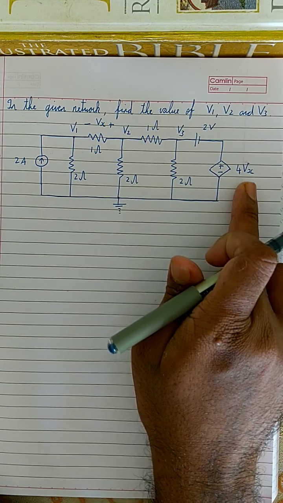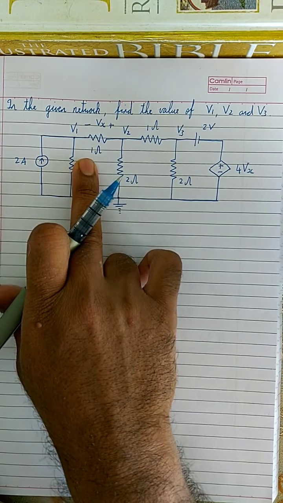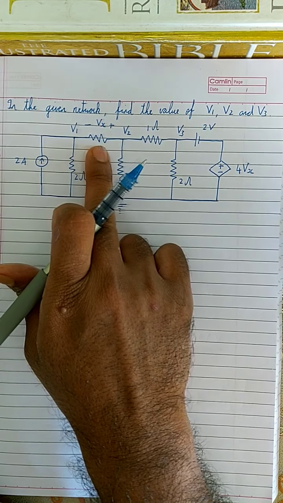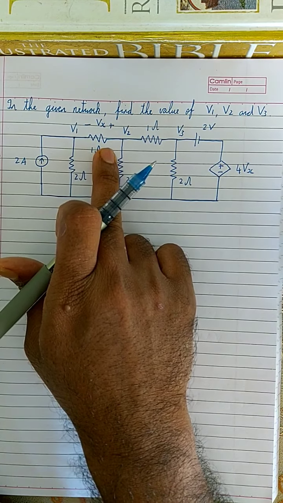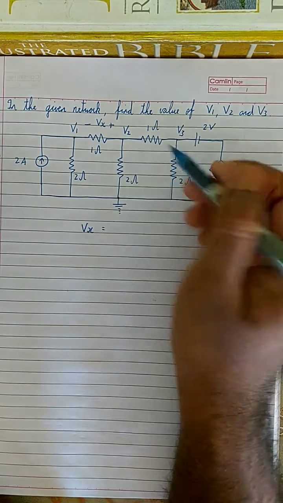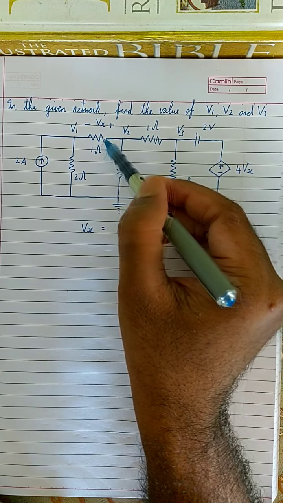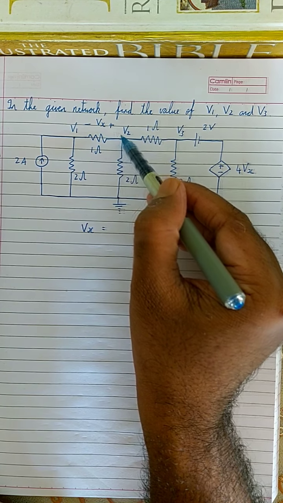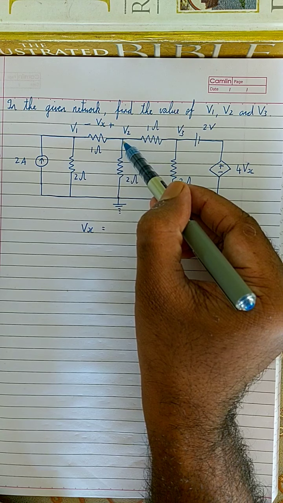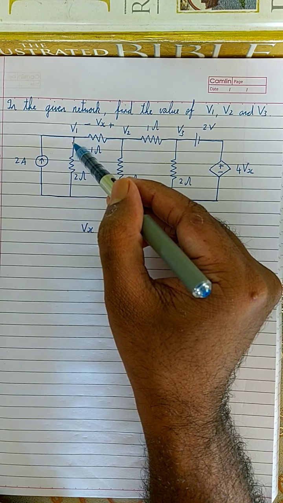So here, what is Vx? Vx is the voltage across the 1 ohm resistor. Make an equation for that. What is the voltage across the 1 ohm resistor? You can see over here that this is plus and this is minus, which means V2 is higher potential and V1 is lower potential.